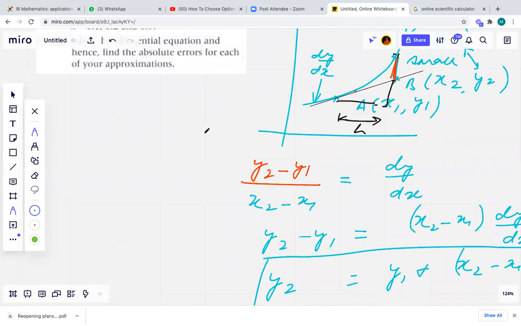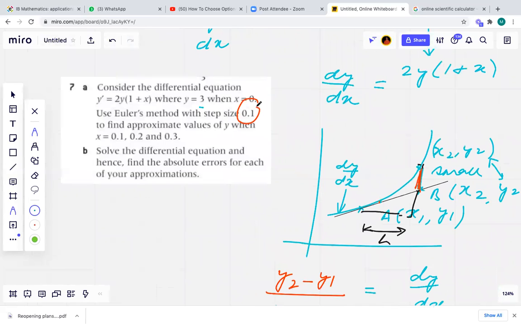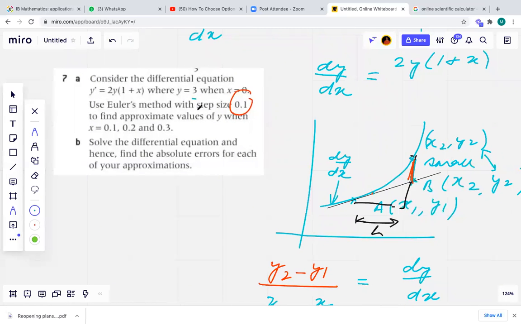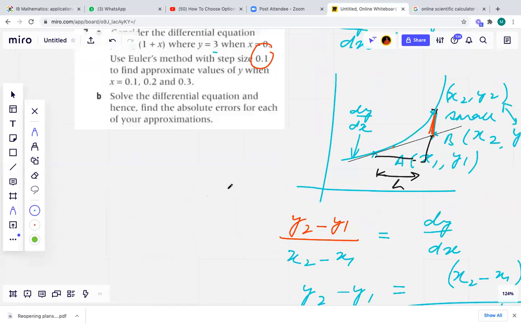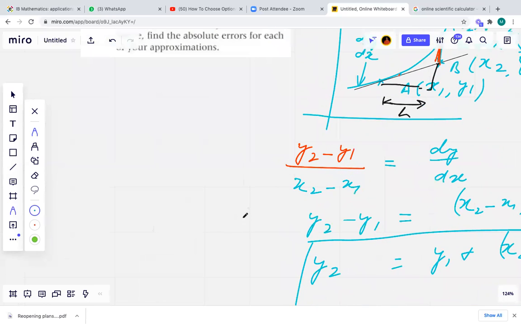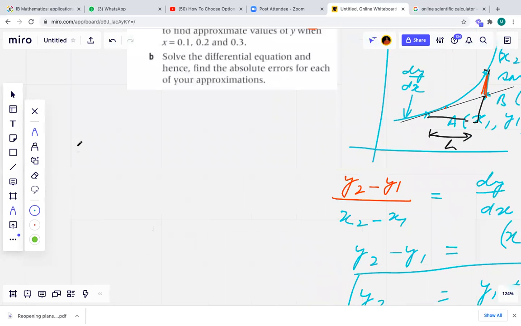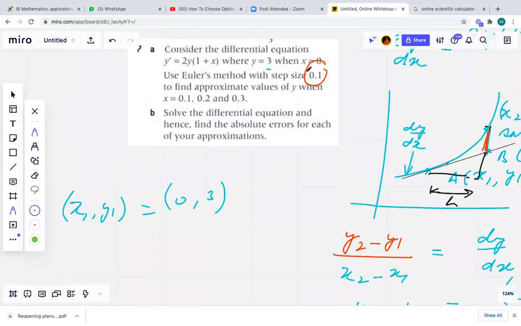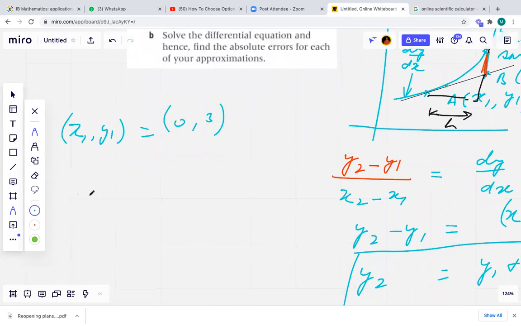Now see, I know that y is 3 when x is 0. So I start from here. My first coordinates x1, y1 are 0, comma 3. Now I want to find y2.